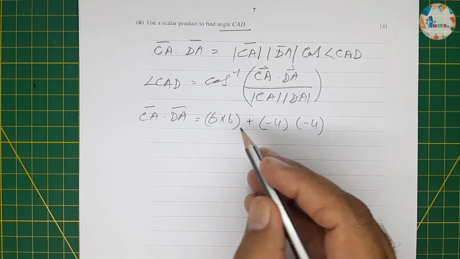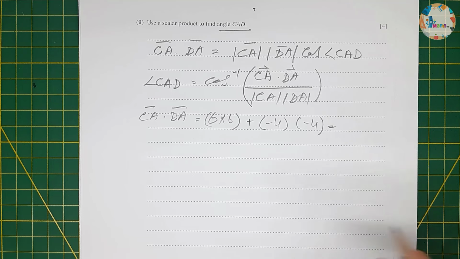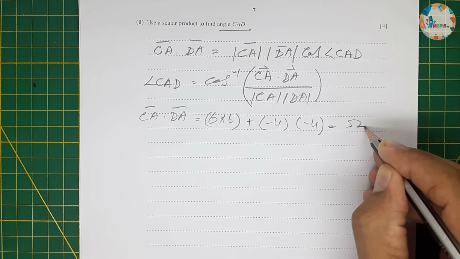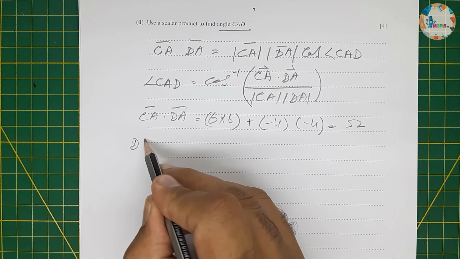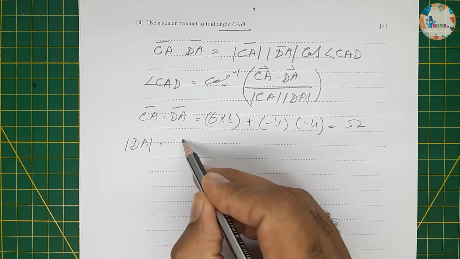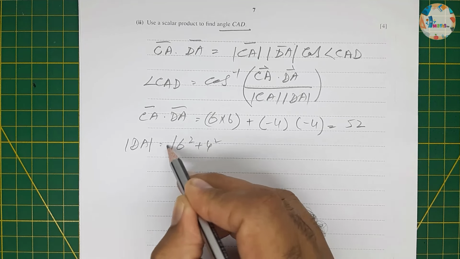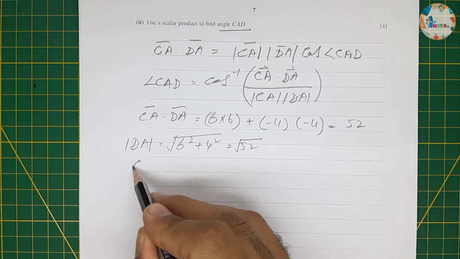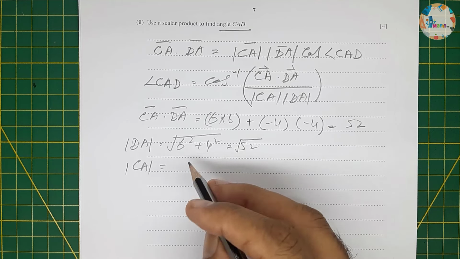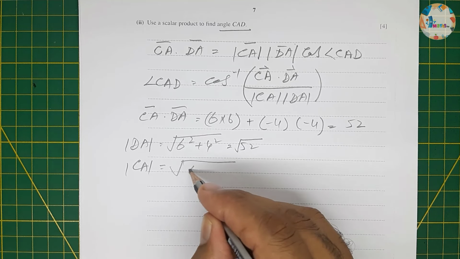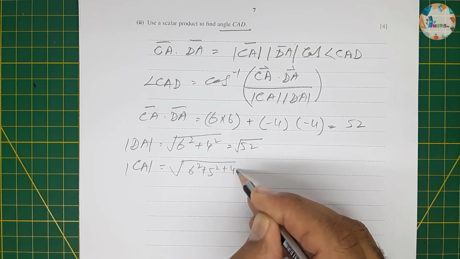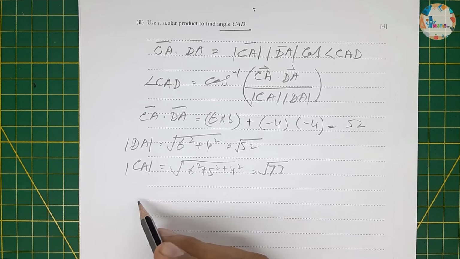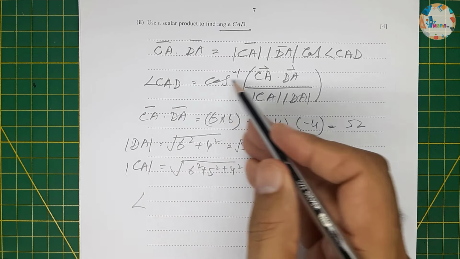So this will be equal to 36 plus 16, which is equal to 52. Now DA mod we can find, which will be root of 6 square plus 4 square, equal to root 52. Similarly we can find CA mod, which is root of 6 square plus 5 square plus 4 square, equal to root 77. Now we replace these values in this equation.